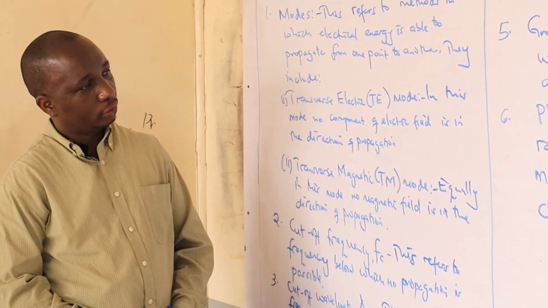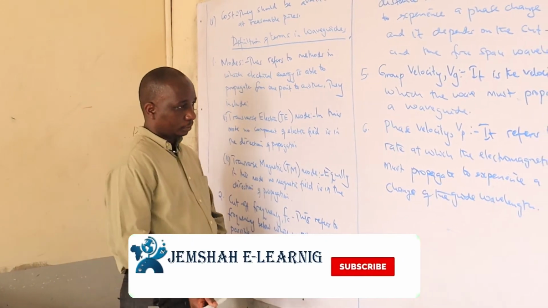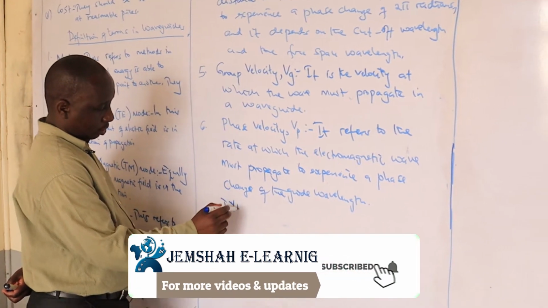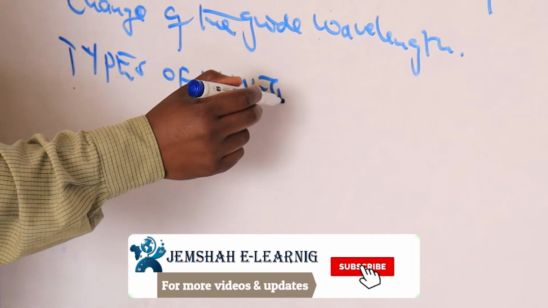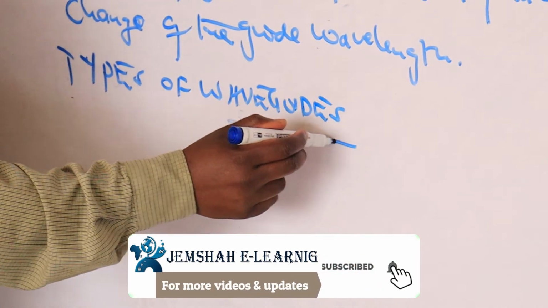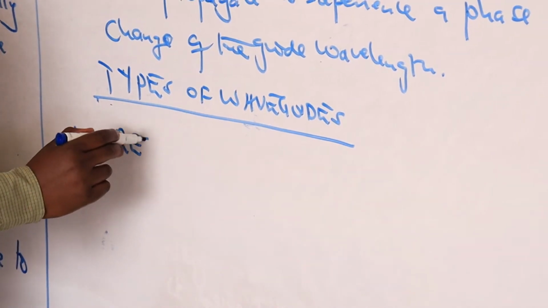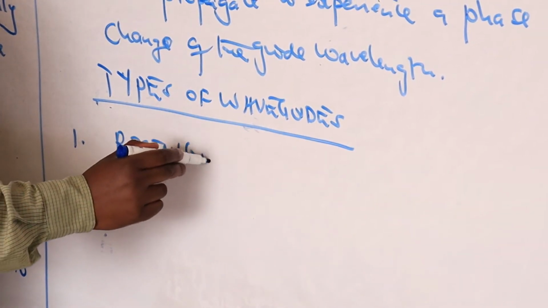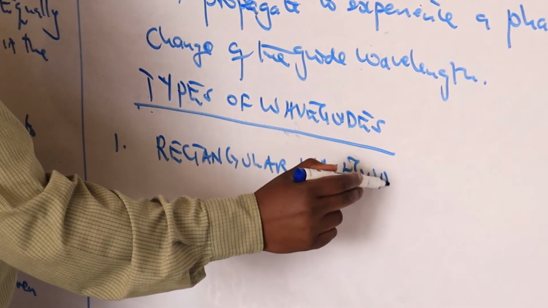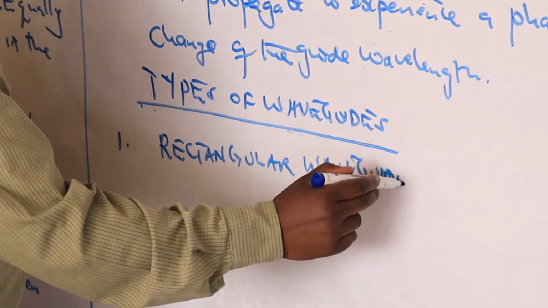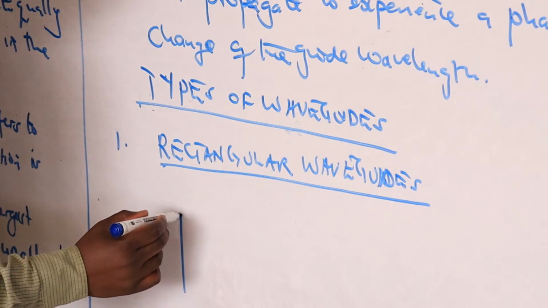So we're going to talk about the types of waveguides. The first one is the rectangular waveguide. The rectangular waveguide will appear in this manner.